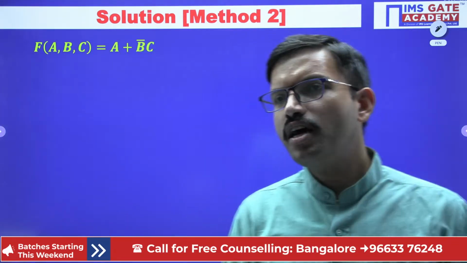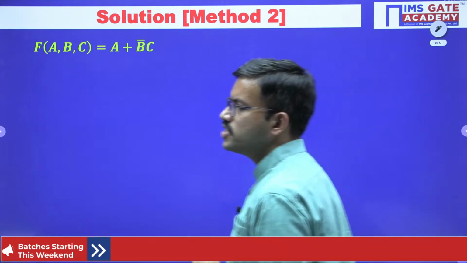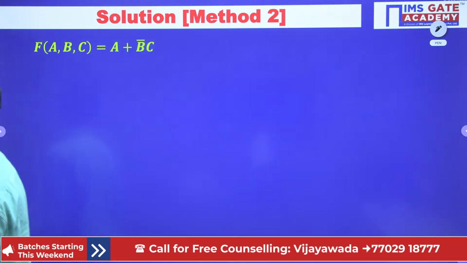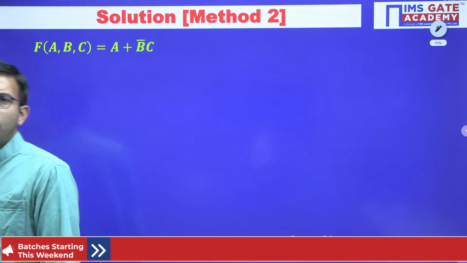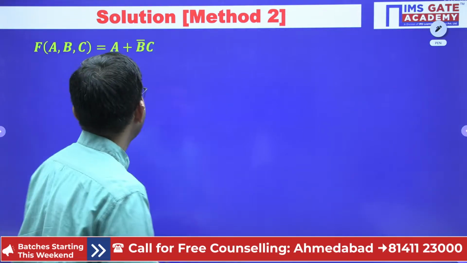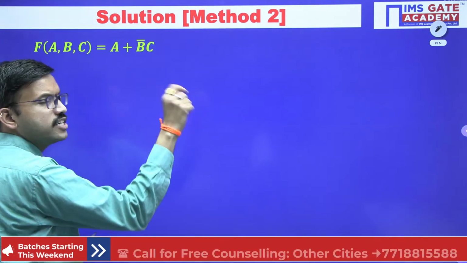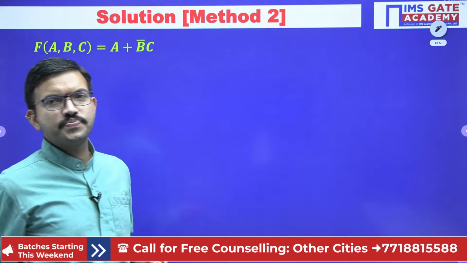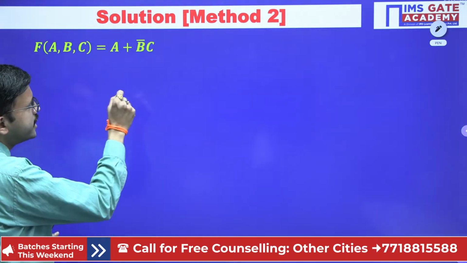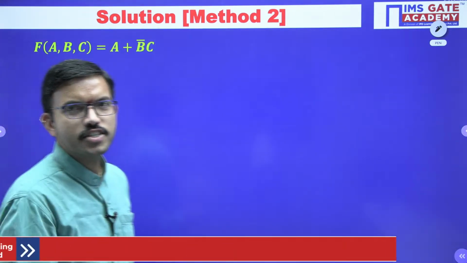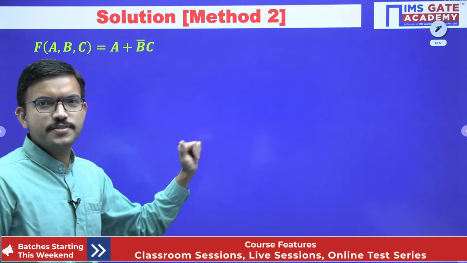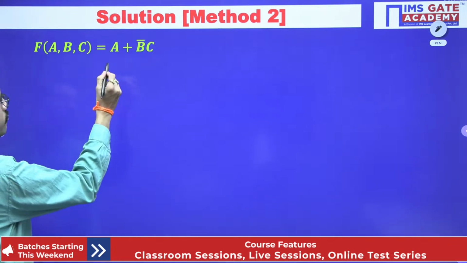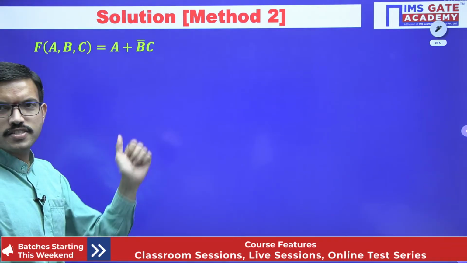All of you just recall whatever laws we have covered in the first session of Boolean algebra, and tell me by using which law we can arrange this function into POS form. I have already covered that law even in this session. If you are very alert, then you can easily answer.